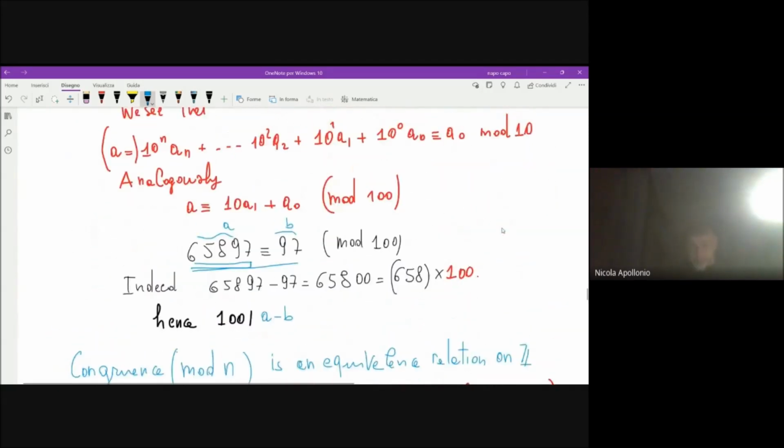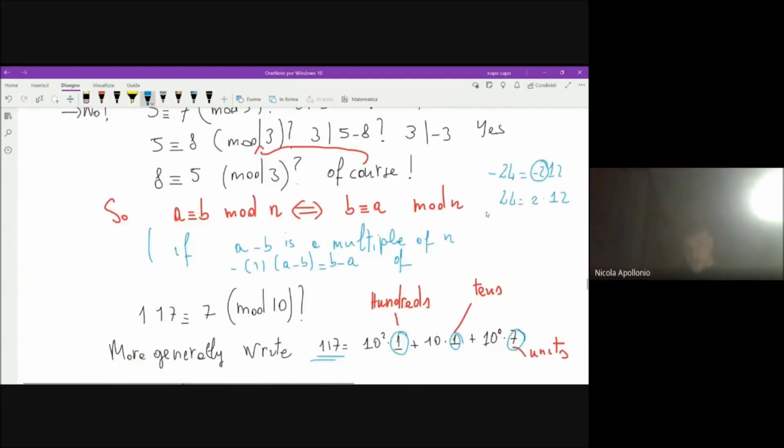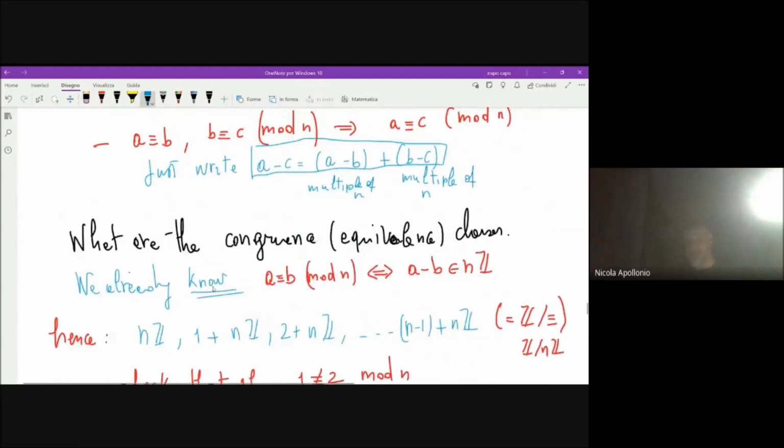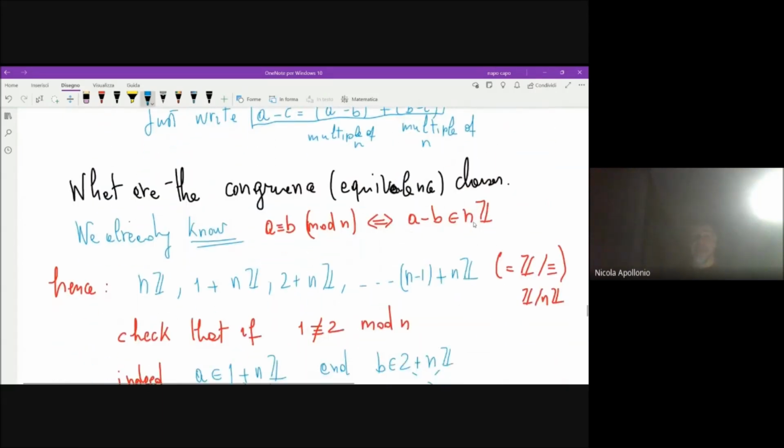The most interesting question about this relation, which is called congruence modulo n, recall it, is the shape of its equivalence classes. And we already mentioned this shape.